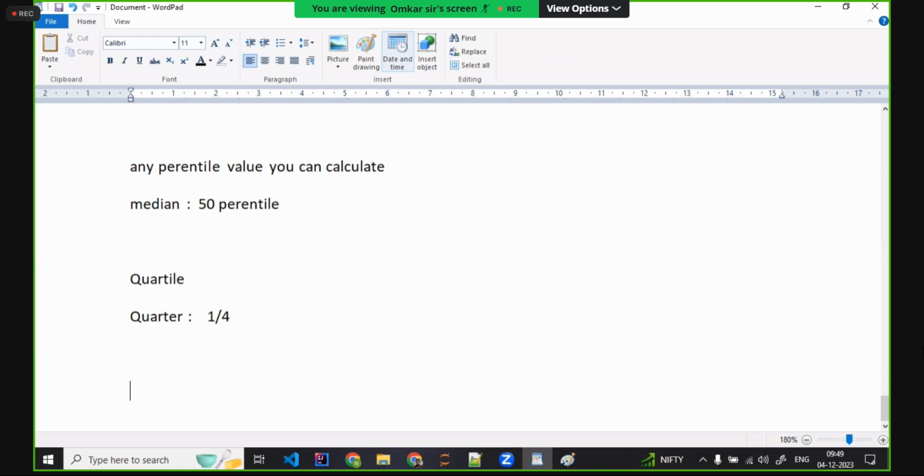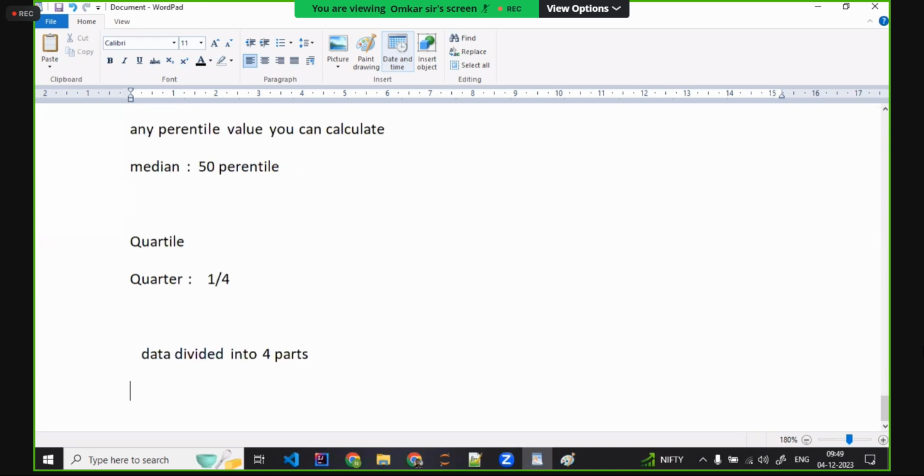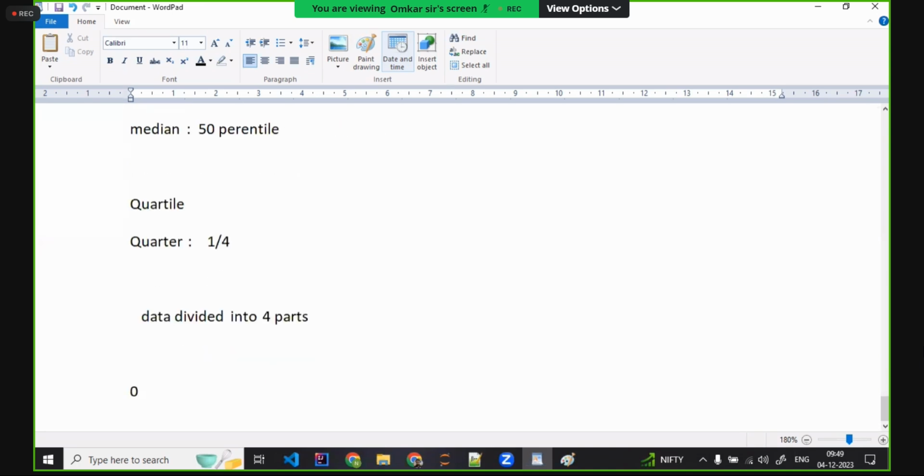So now suppose the data is divided into 4 parts: 0 to 25, 25 to 50, 50 to 75, 75 to 100.